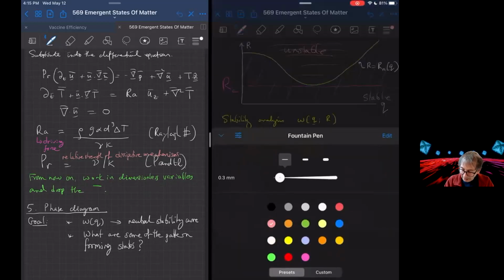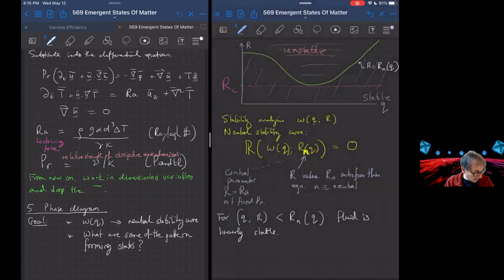So we can then read off from this neutral stability curve the smallest value of the control parameter where instability first occurs.